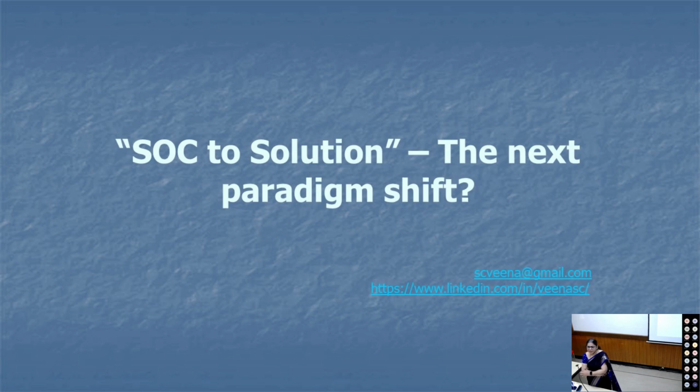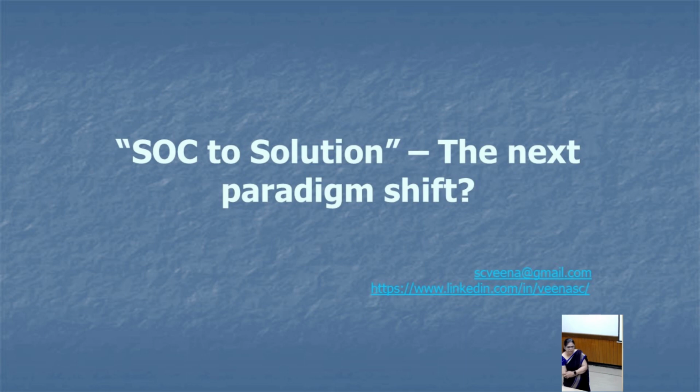But the paradigm shift which we are seeing today is developing them in total, as a solution itself. The advantage you get in a solution approach is that designers or developers will have complete freedom to optimize energy efficient and high performance solutions which are tailor made to a particular application or use case.